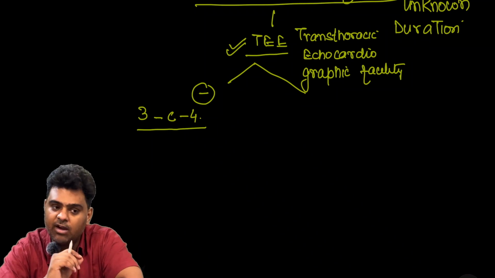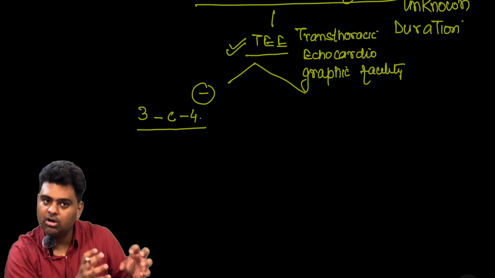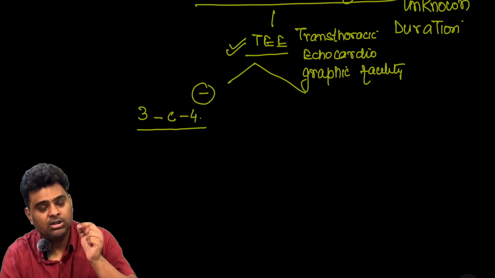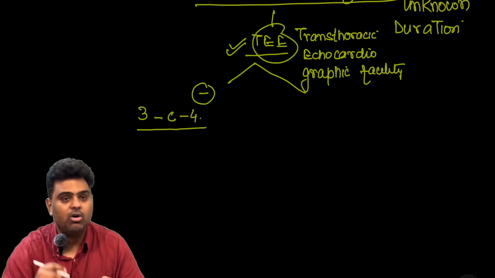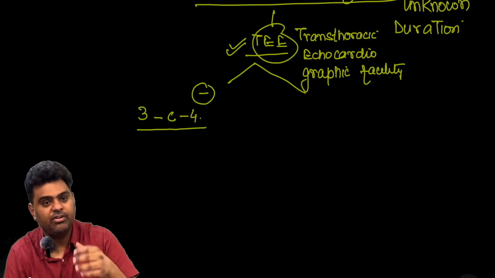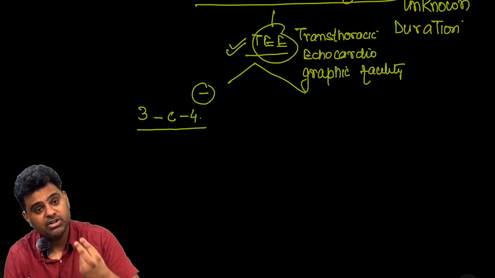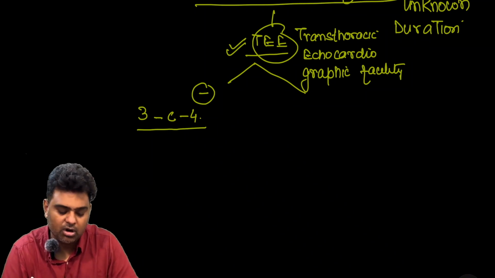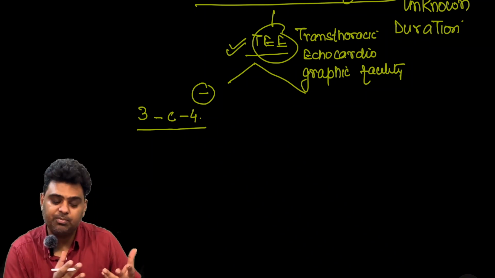We have to know whether this patient has a clot in the left or right atrium, and that we can know just by TEE, because with transthoracic echocardiography the sensitivity and specificity is not that high, and a lot of smaller thrombi are missed. Therefore, if we do not have TEE, we cannot know that this patient has a clot.